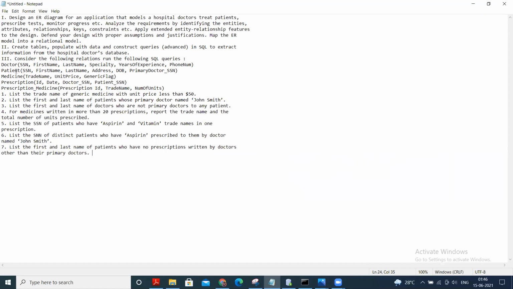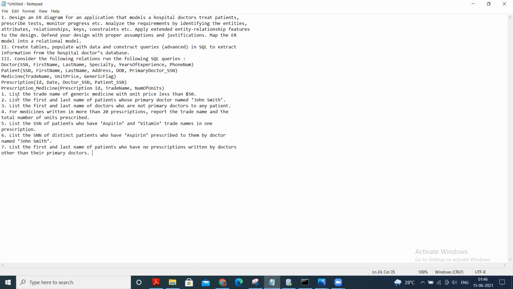For the patient: SSN, first name, last name, address, DOB, primary doctor SSN. For medicine: trade name, unit price, generic flag. For prescription: ID, date, doctor SSN, sorry, patient SSN. And for prescription medicine: prescription ID, trade name, and number of units.